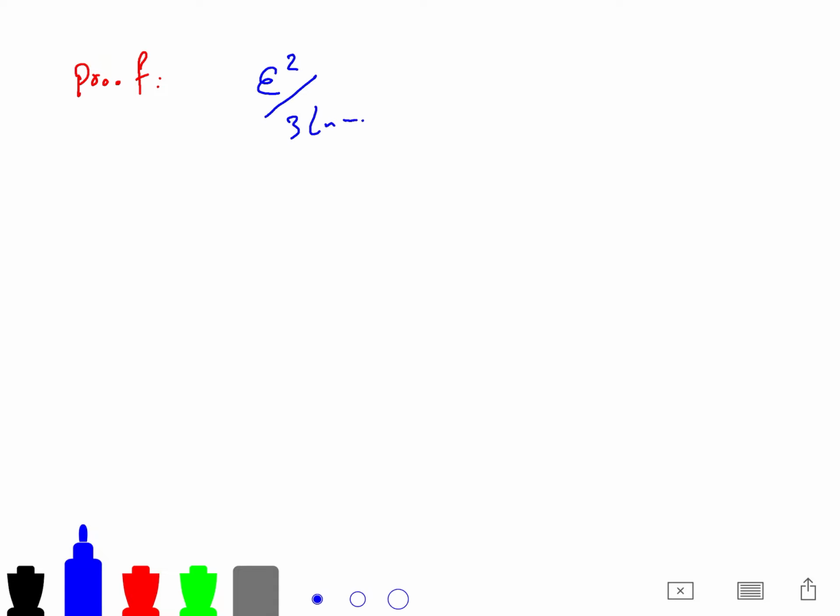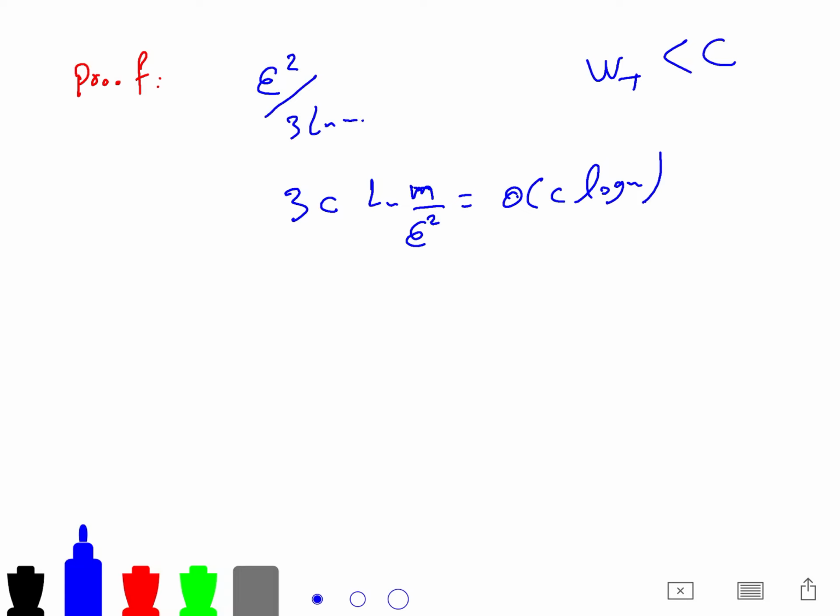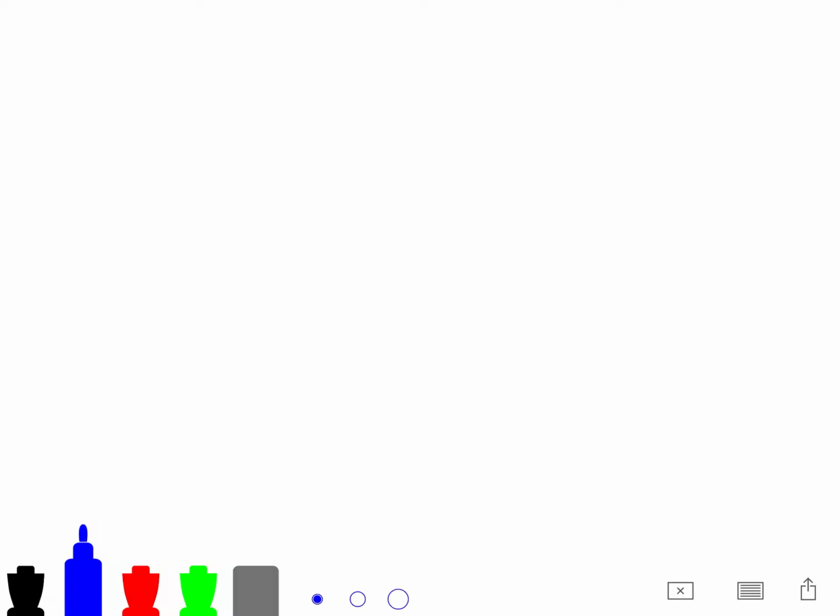And because the weight of the resulting packing is bounded by C, there are at most 3C ln of m over epsilon squared iterations, which is order of C log n iterations. The bottleneck in each iteration is the time to compute a minimum spanning tree. So this is the result of their algorithm, which is a simplified approach to Karger's algorithm.